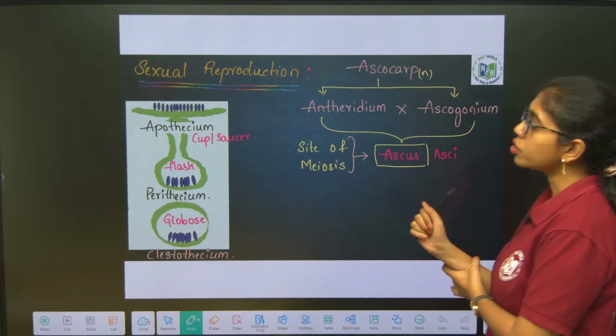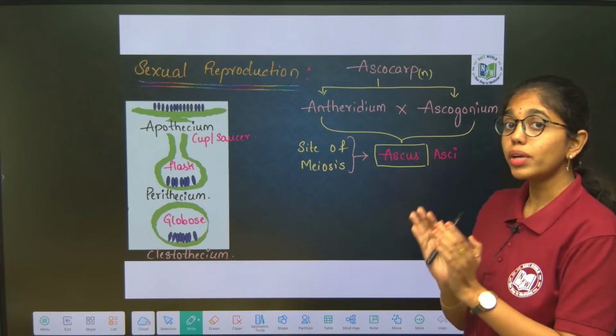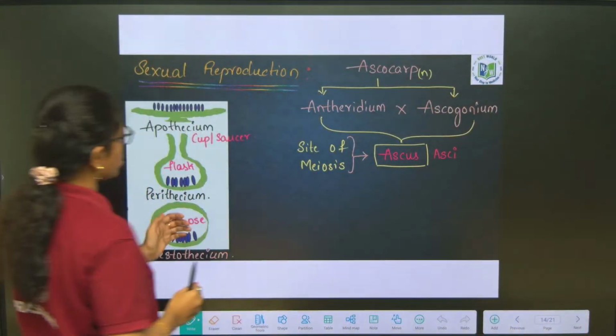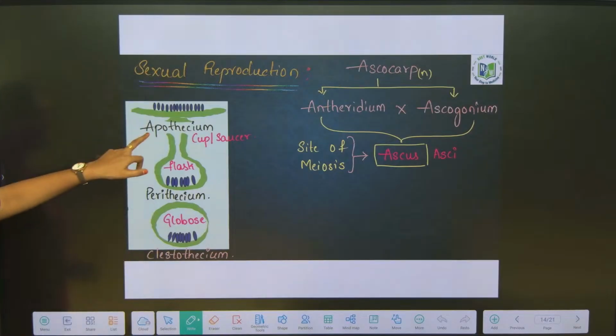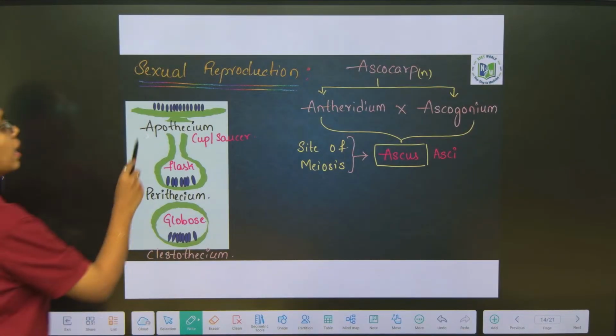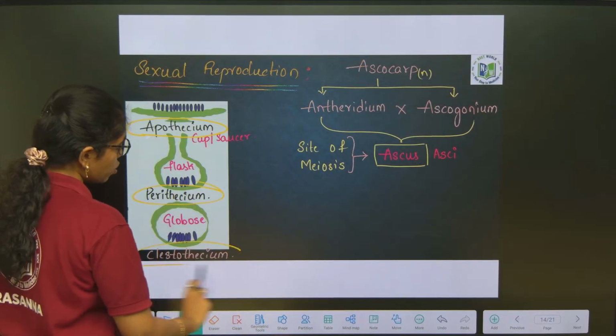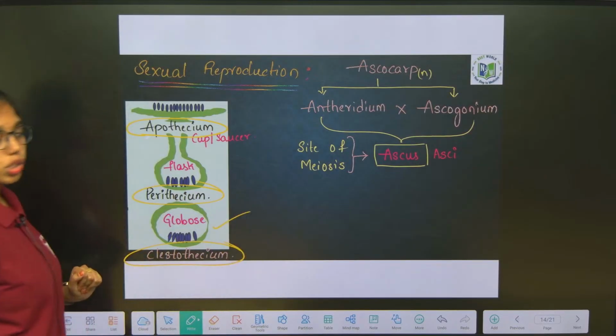Now, sexual reproduction. In sexual reproduction, fruiting bodies will be formed. They show different sac-like structures: saucer or cup shaped apothecium, flask shaped perithecium, and clistothecium, which is globose shaped.